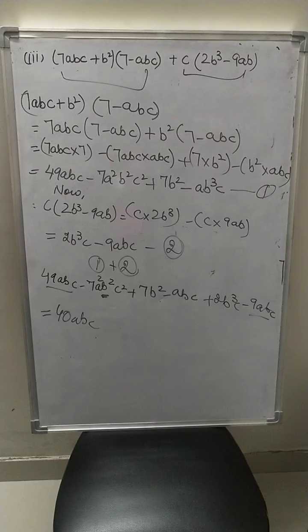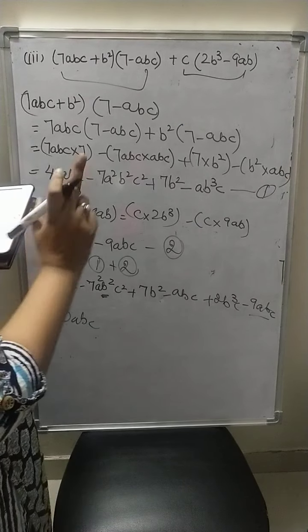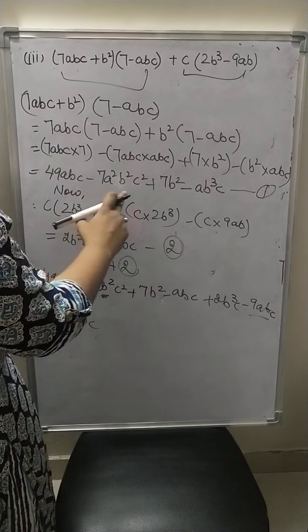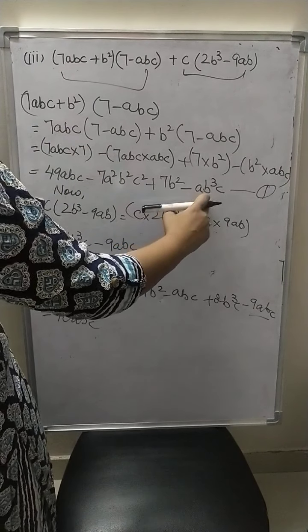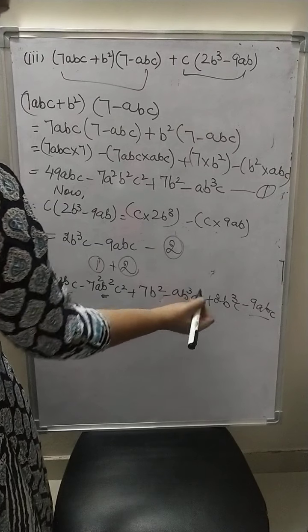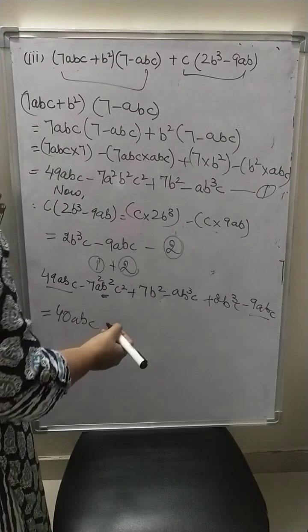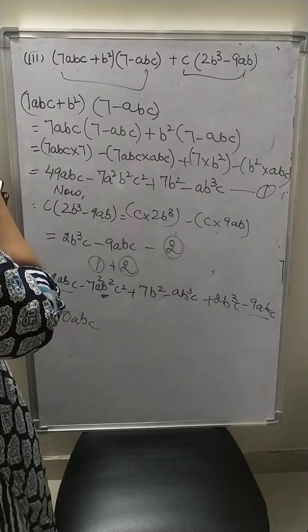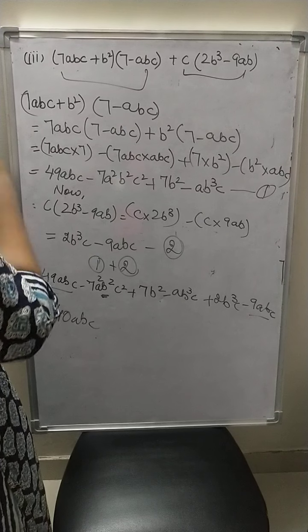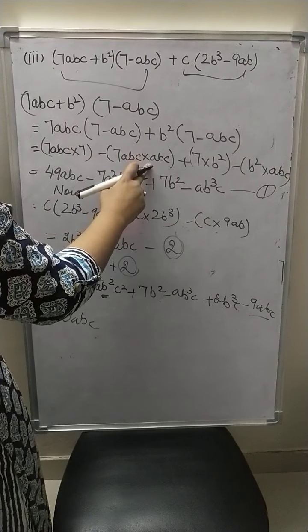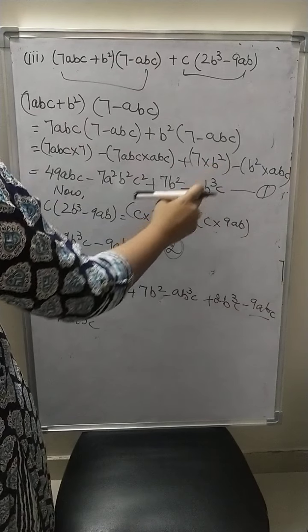abc minus 7a square b square c square plus 7 minus 8b cubes.